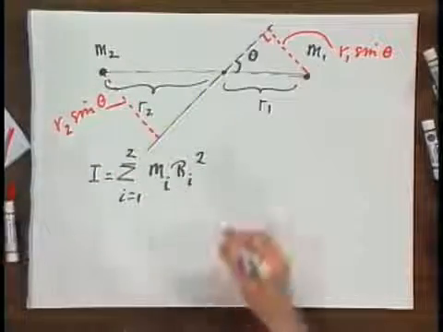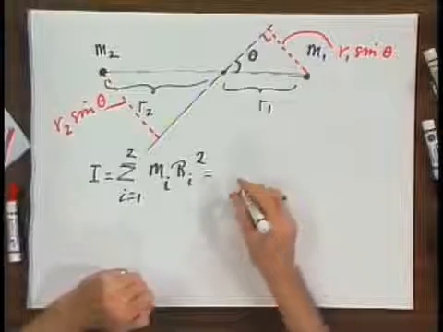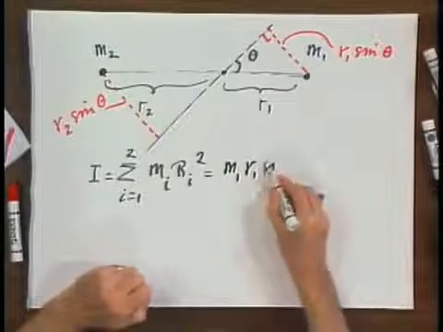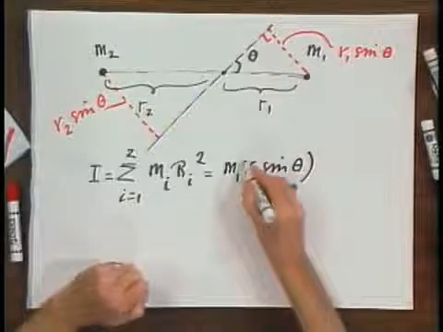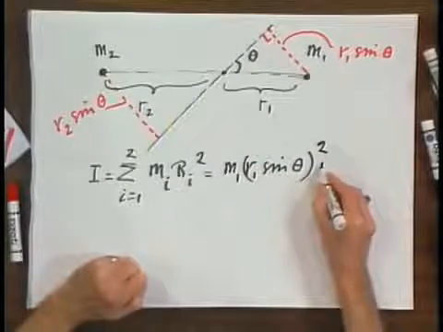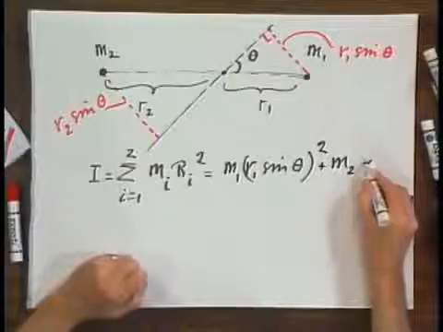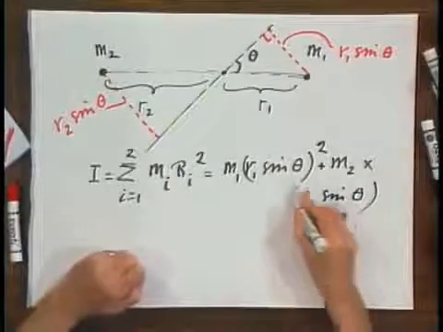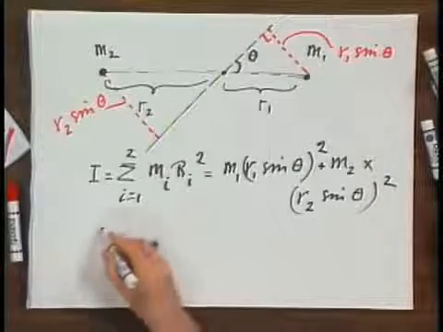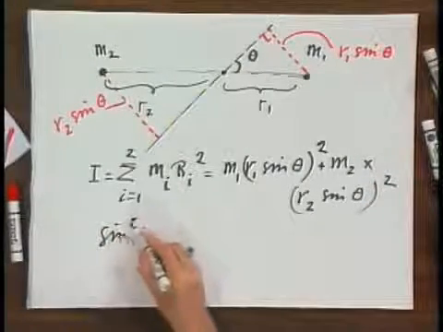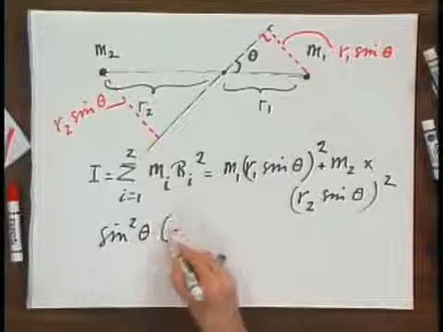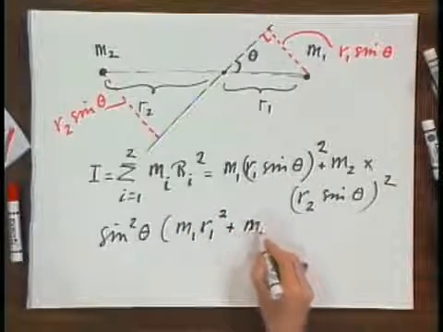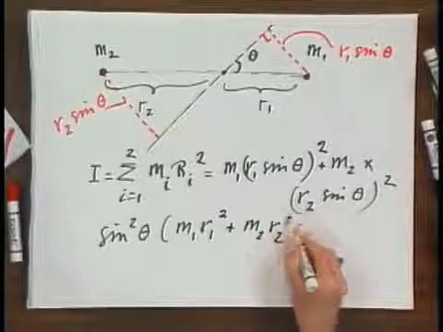So now the moment of inertia becomes m1 times (r1 sine theta) squared plus m2 times (r2 sine theta) squared. So I could write down that it is sine squared theta times (m1 r1 squared plus m2 r2 squared).